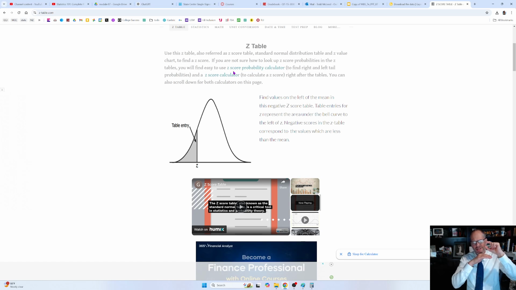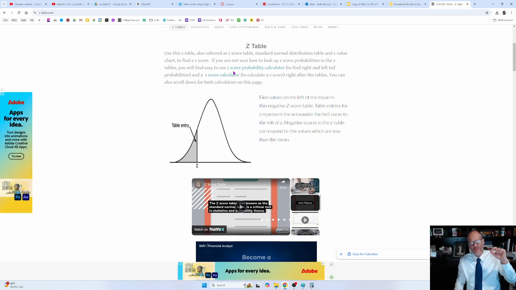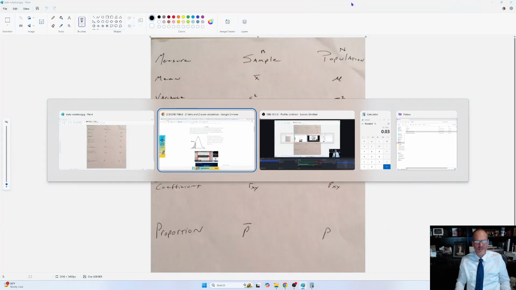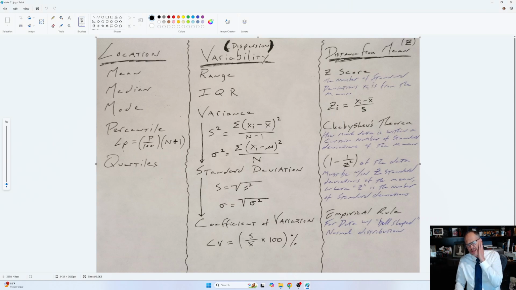So let me show you the formula for z. Let me go get it. Hold on. Okay, here's my formula for z, my z-score. And z shows the distance from any data point, xi, to the mean, the distance from the mean of any data point divided by the sample standard deviation. So the standard deviation goes down here.